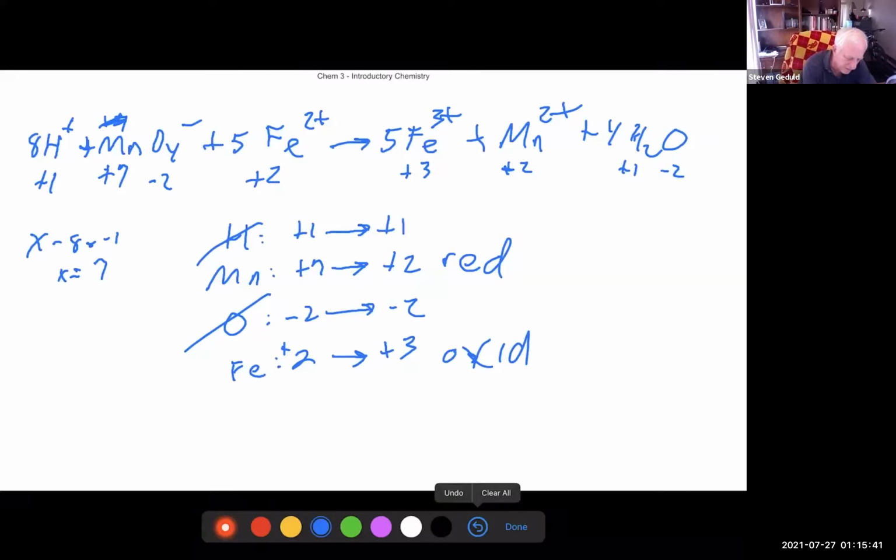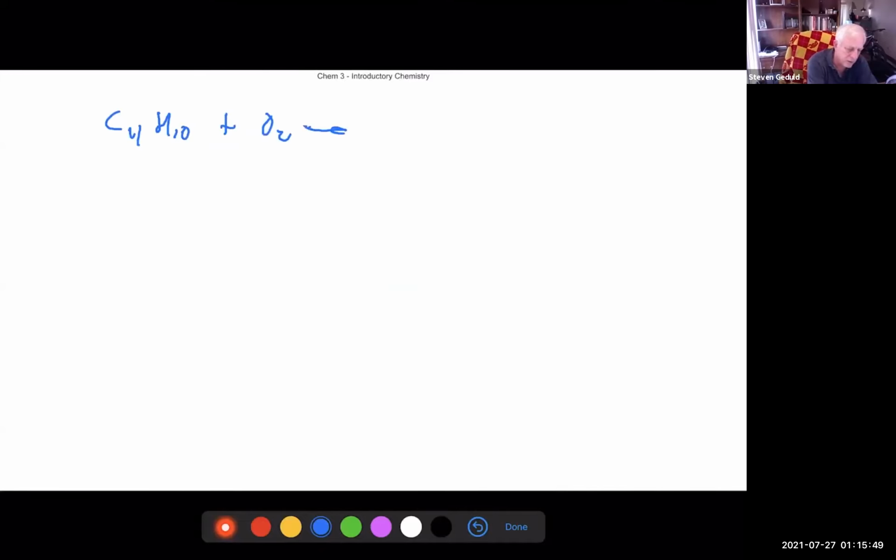Let's do butane. Okay, butane is C4H10 plus oxygen goes to CO2 plus water. Okay, so balance it. 4 carbons, 10 hydrogens, and how many oxygens do we need? 8, and finally we need 13.